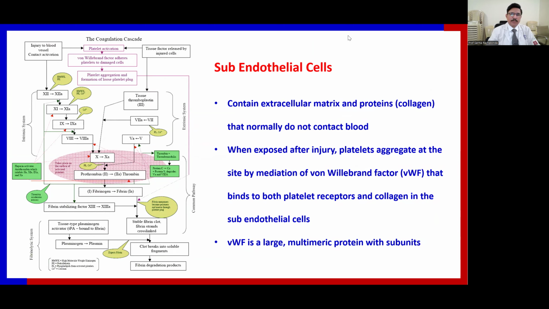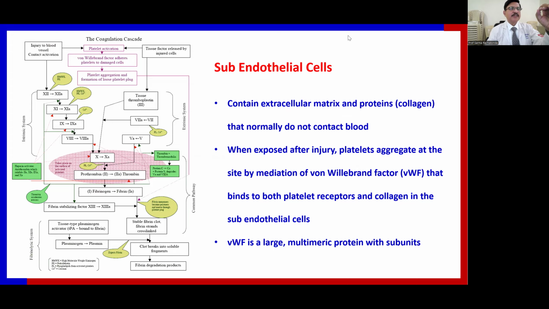But when the endothelium breaches, the subendothelial factors are available for the blood to be activated. There comes your von Willebrand factor. That von Willebrand factor, or VWF, when exposed after injury, platelets aggregate at the site through mediation of von Willebrand factor that both binds the platelet receptors and the collagen in the subendothelial tissue.